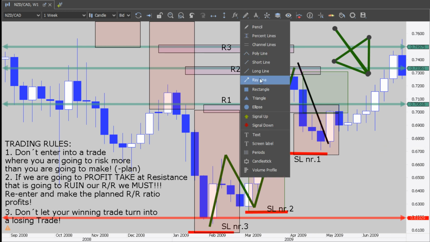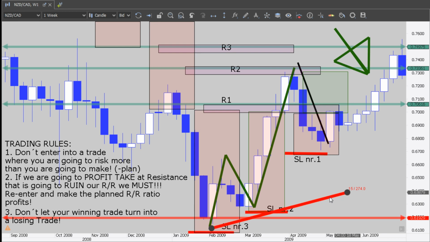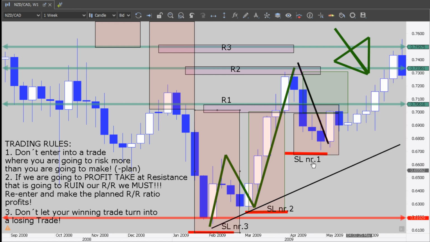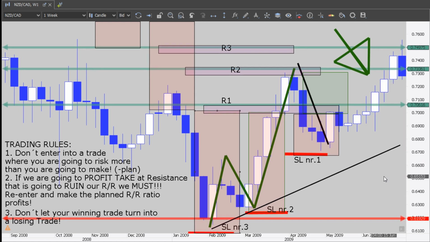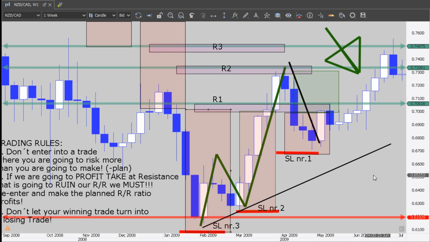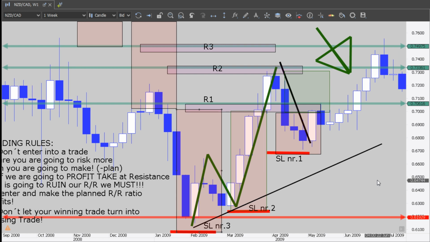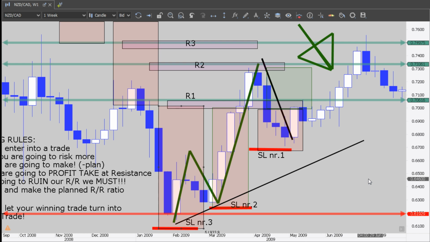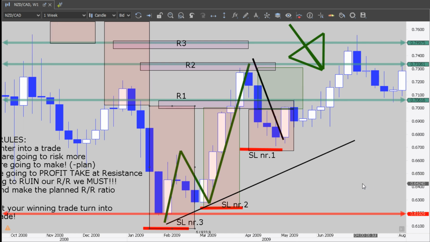What did we learn? We learned also the trend lines, right? Where is the trend line? Something like this. Okay, so let's see what is going to happen. Market going sideways, down, down, down.